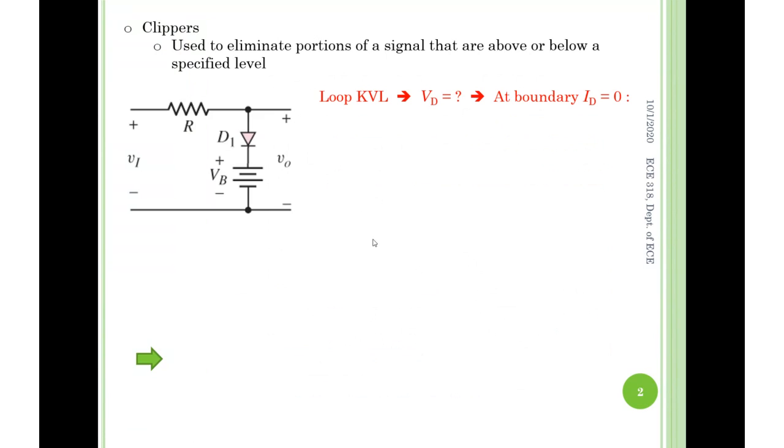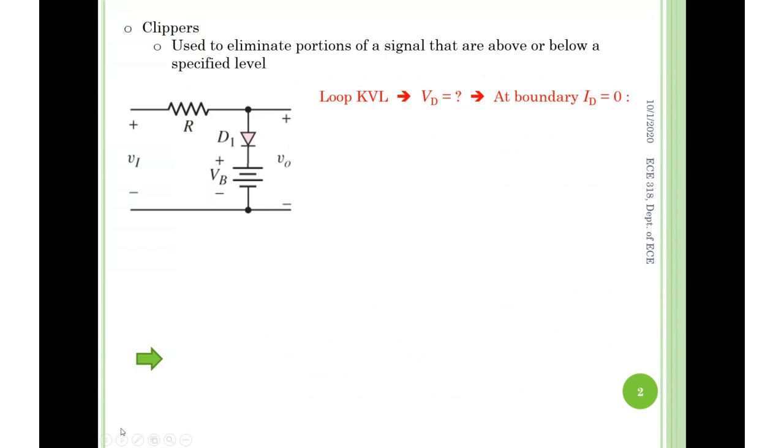The detailed procedure for clipper circuit analysis is like this. Generally speaking, based on KVL or KCL, we come up with an equation from which we derive VD. What is VD?